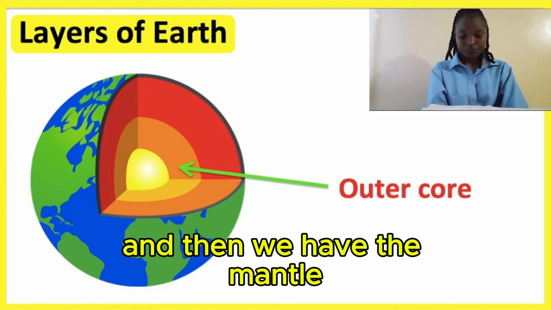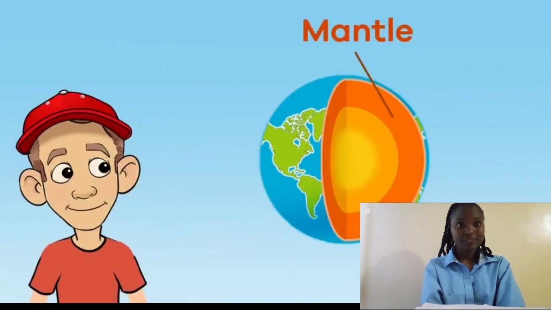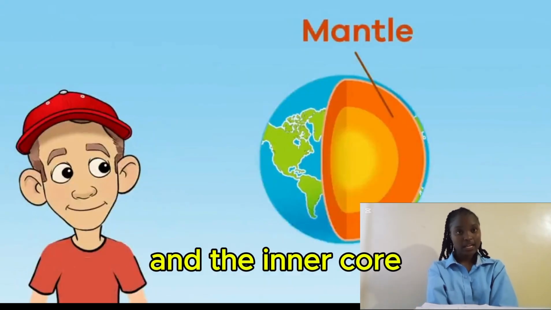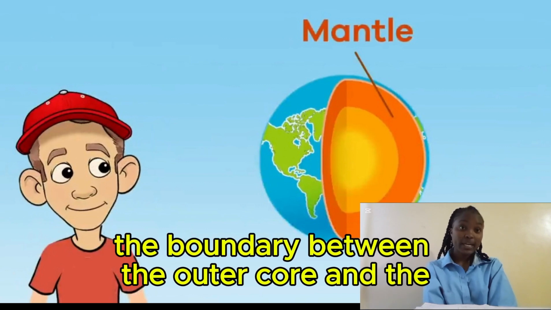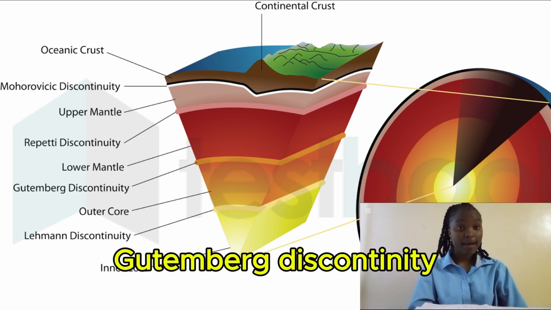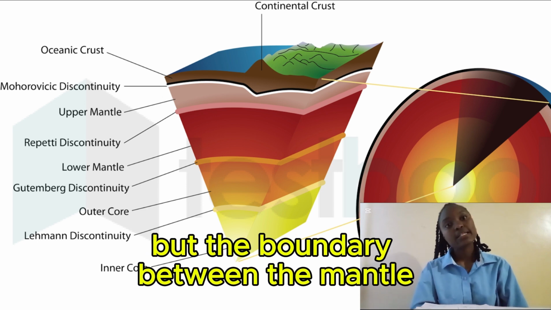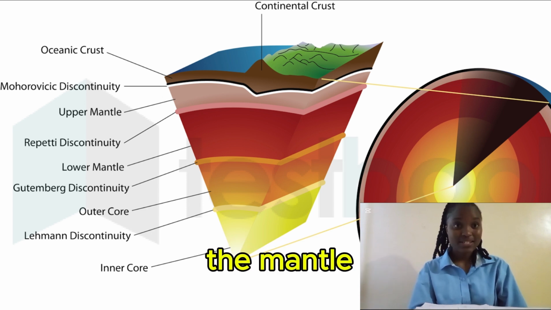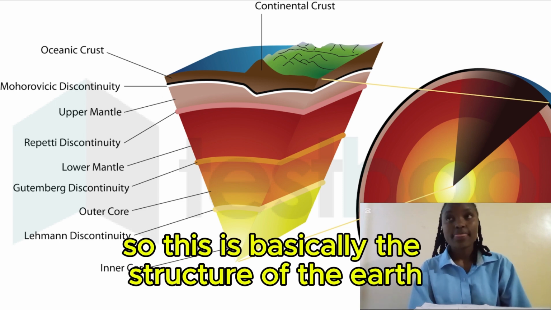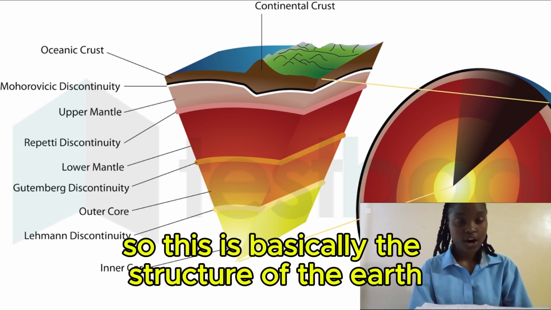And then we have the mantle. The mantle is found between the outer core and the crust. The boundary between the outer core and the mantle is known as the Gutenberg discontinuity, but the boundary between the mantle and the crust is known as the Mohorovičić discontinuity. So this is basically the structure of the earth.